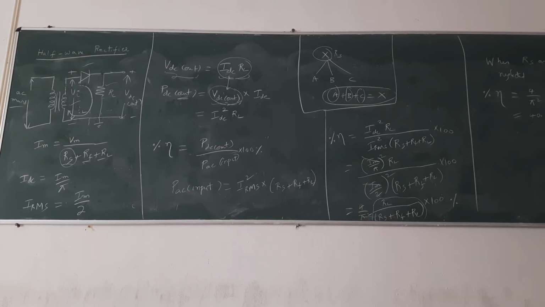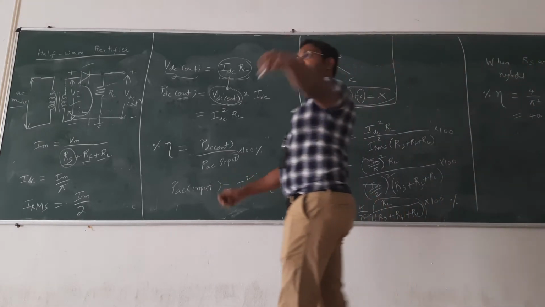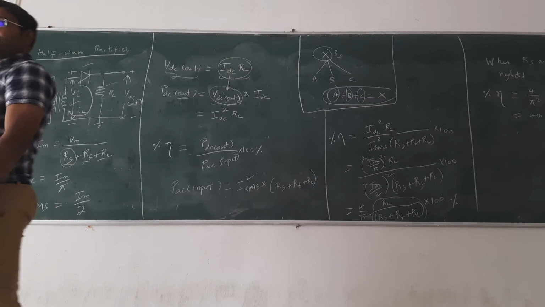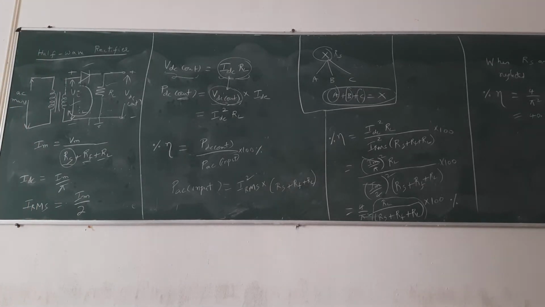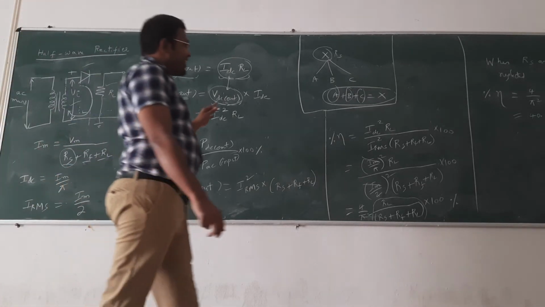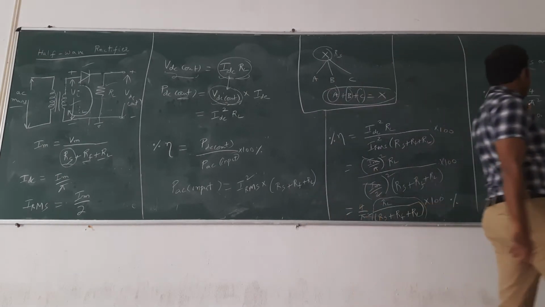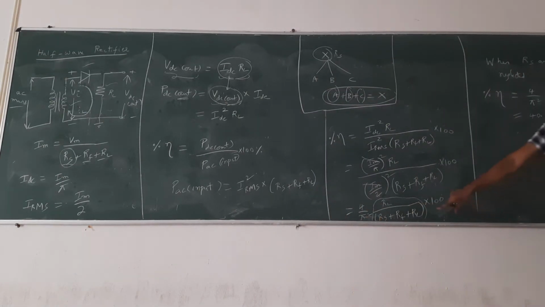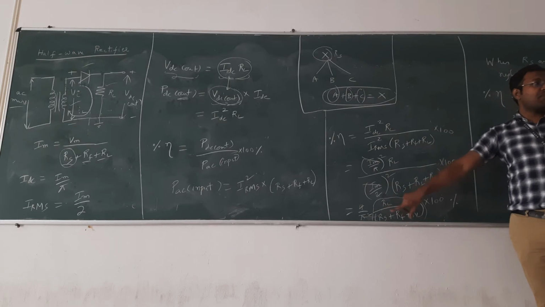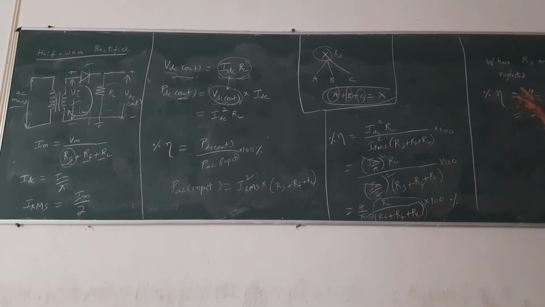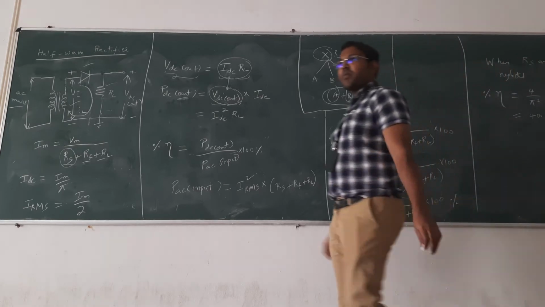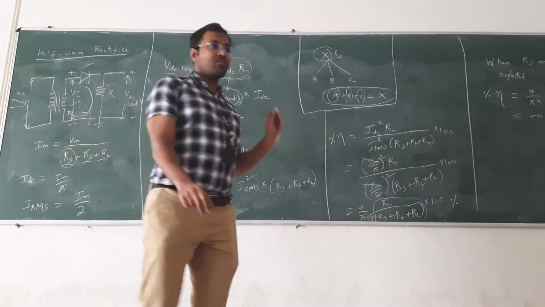See, after neglecting something, we are getting this efficiency. So is it minimum efficiency or maximum efficiency? Tell me. After neglecting something in the denominator, we are getting this value. This is maximum efficiency.